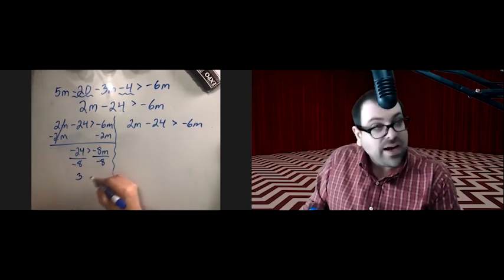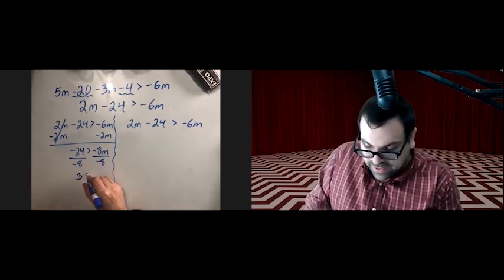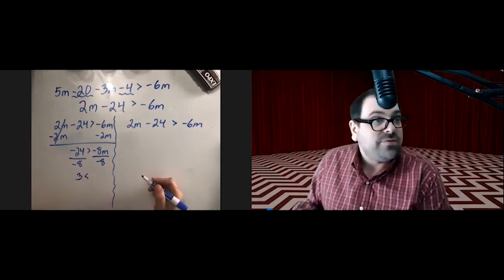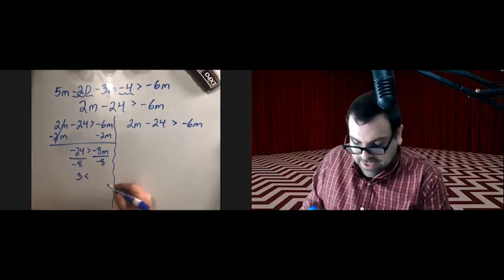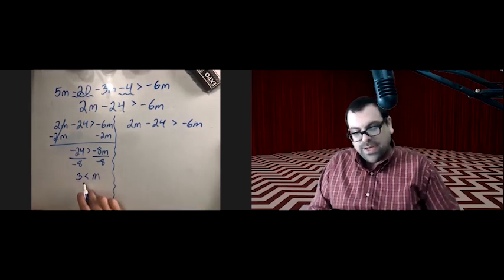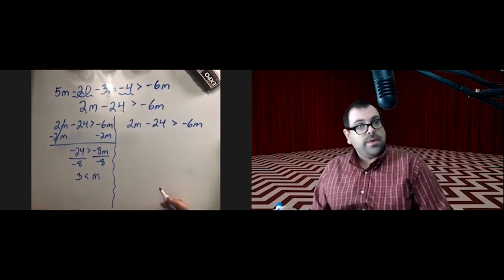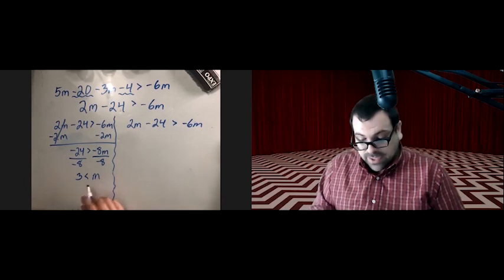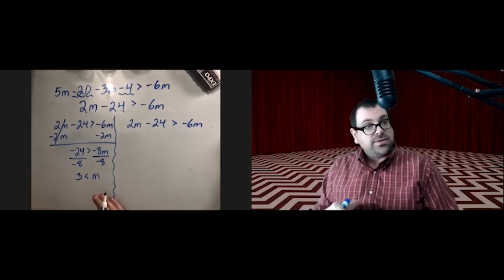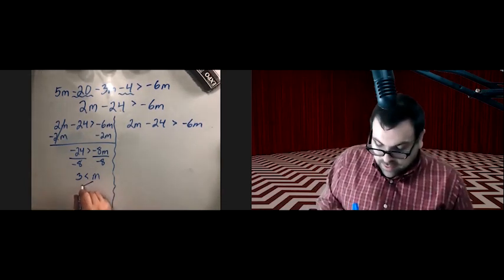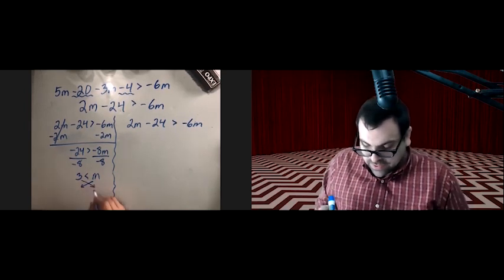But since I did divide both sides by a negative, the inequality sign gets flipped from a greater than to a less than. We get 3 is less than m. To help me graph it properly, I'll switch the whole thing around so that the m goes over here and the 3 goes over there.